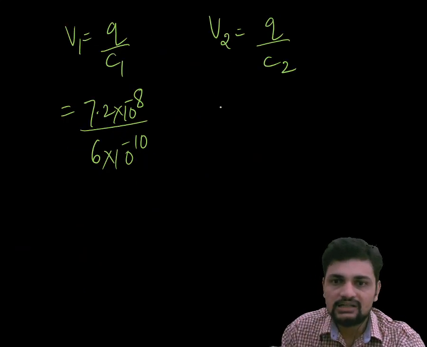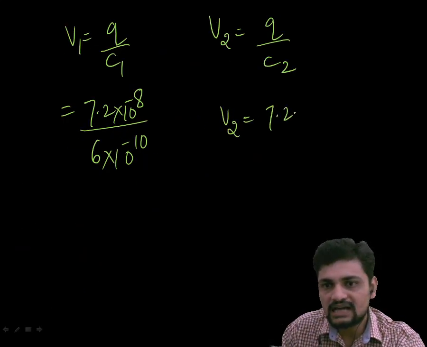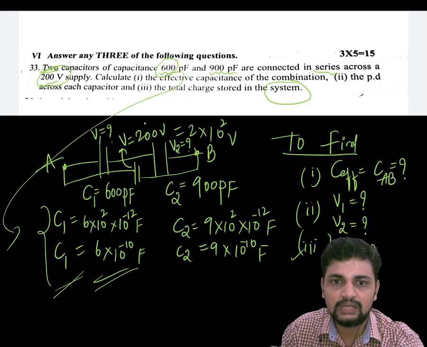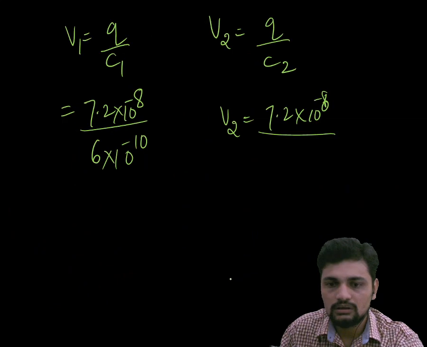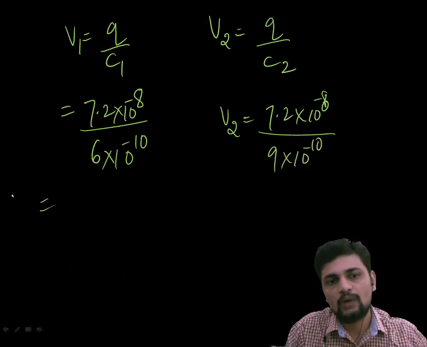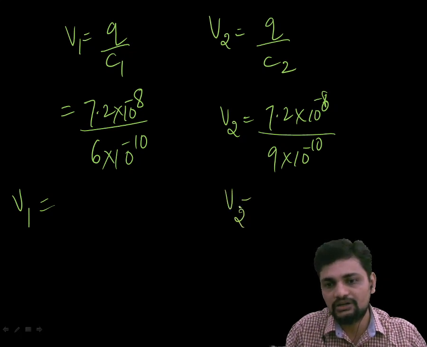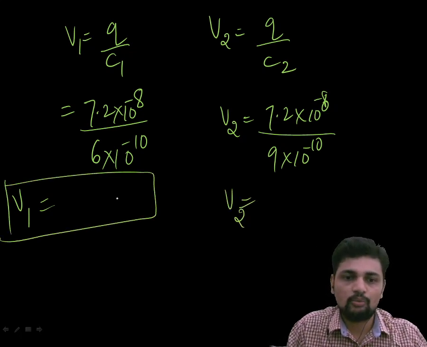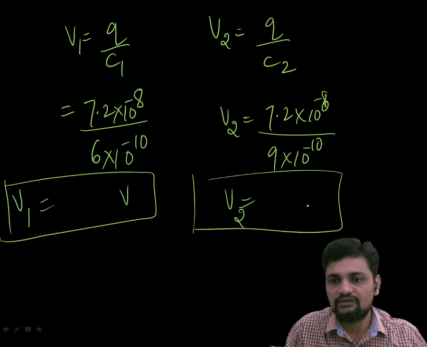Okay, so I will solve this. For V2, the charge is the same, and the C2 value, as you can see, is 9 into 10 power minus 10. So all you need to do is divide them to get the values of V1 and V2, which give us the potential across each capacitor.